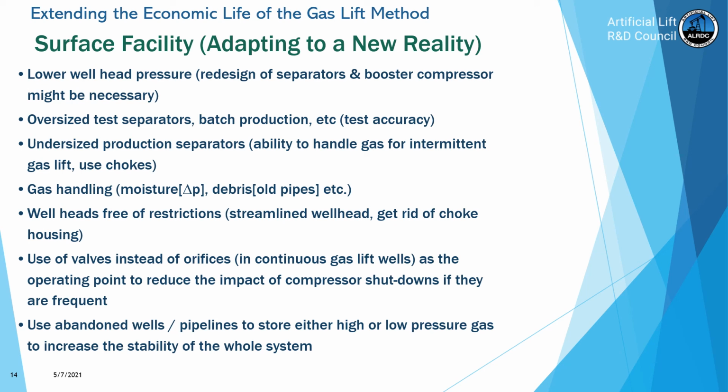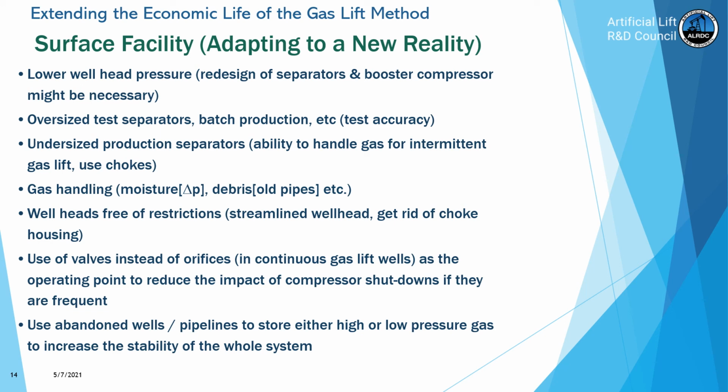For example, if we want to lower the wellhead pressure from 160 psi to 80 psi, then you need to know that the actual, or in situ, volume of gas that is going to be handled by the separators is going to be increased by a factor of 2. Also, you're going to need a booster compressor to increase the pressure to the inlet pressure of the current compressor.